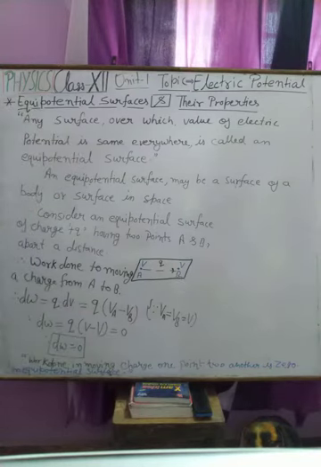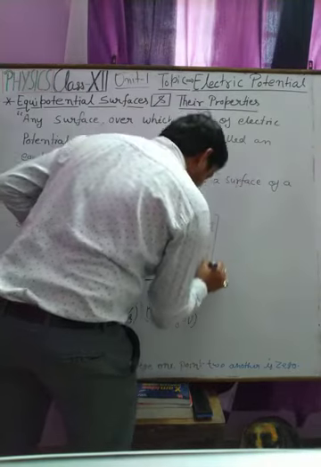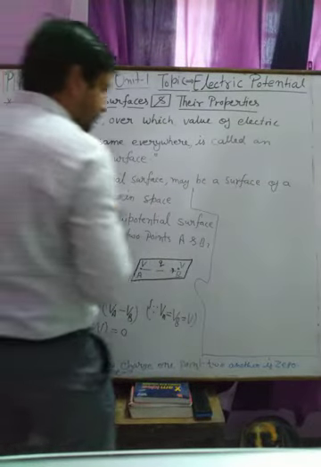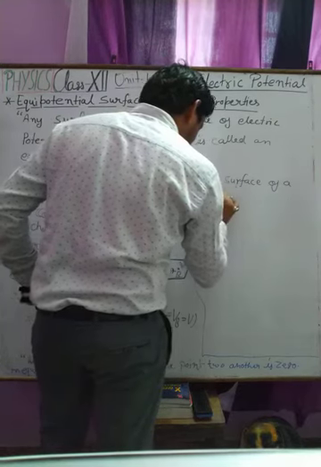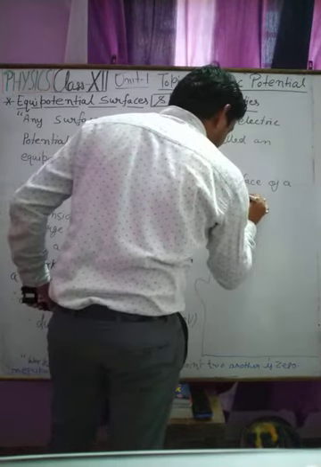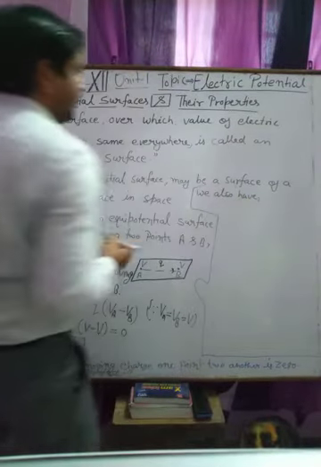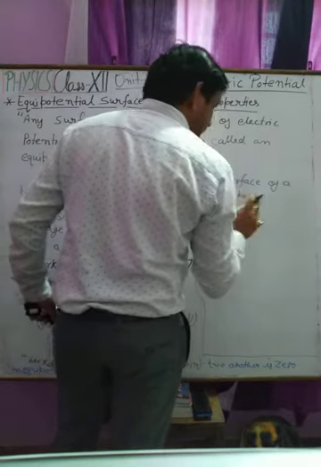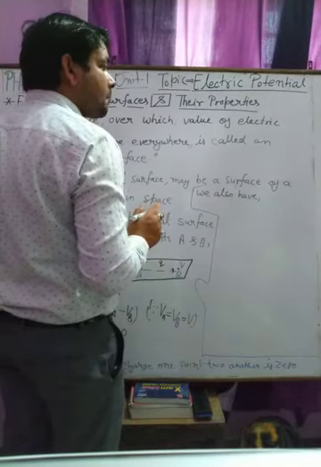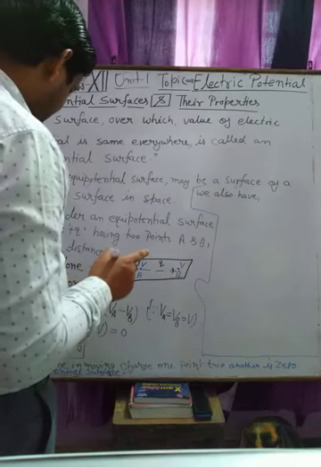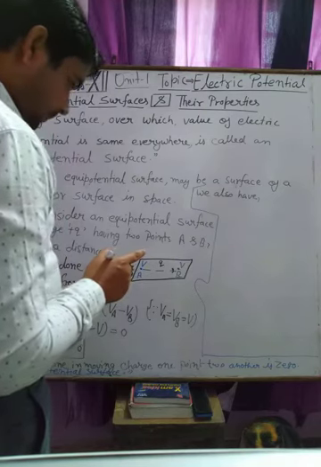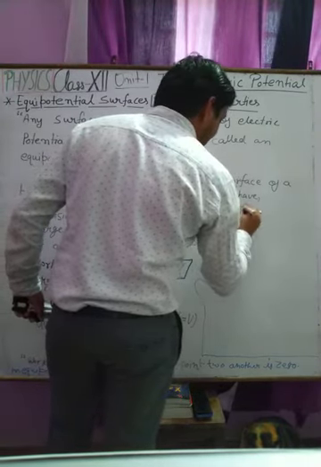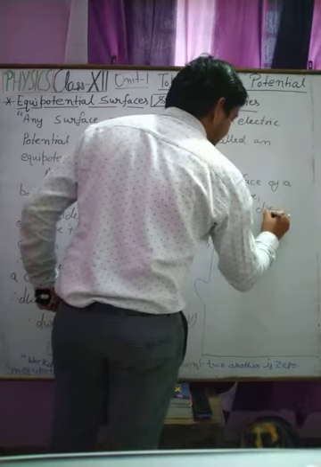Okay, now we also have the potential gradient dV equal to E dx.